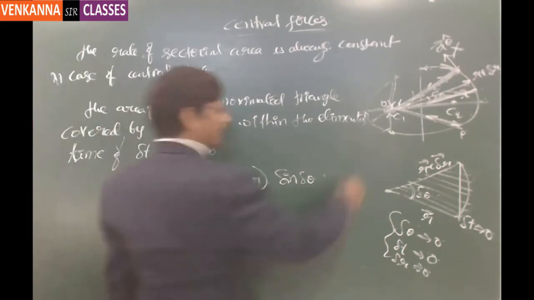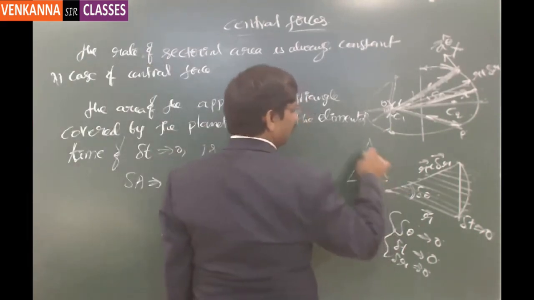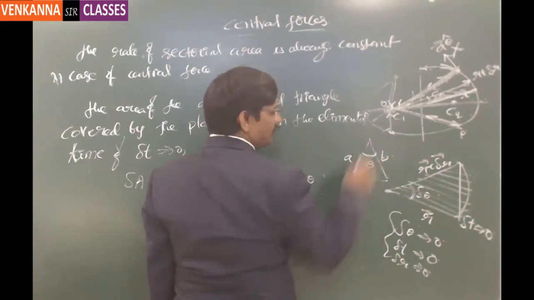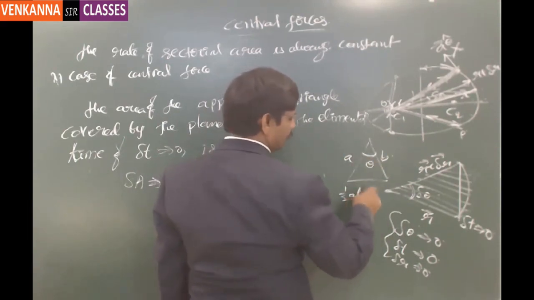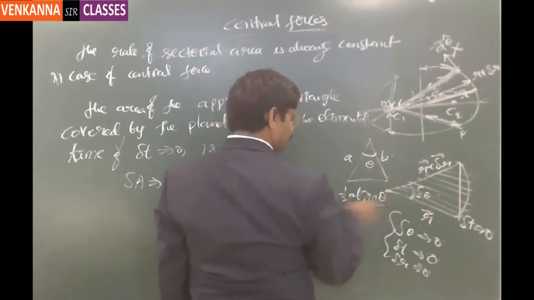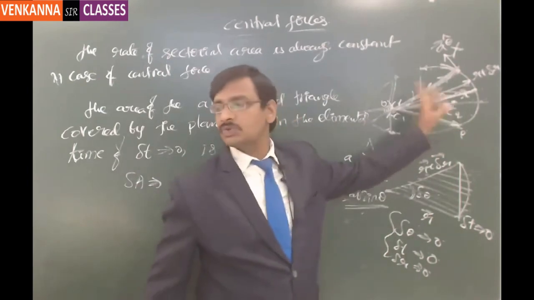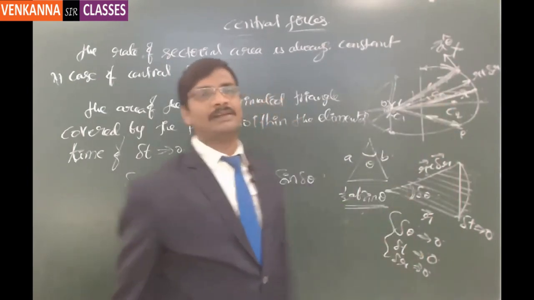For any triangle, if this angle is theta and these sides are A and B, then the area of this triangle is half AB sine theta. So the same formula I have used for an approximated triangle covered by these two radius vectors within a small time of delta t.